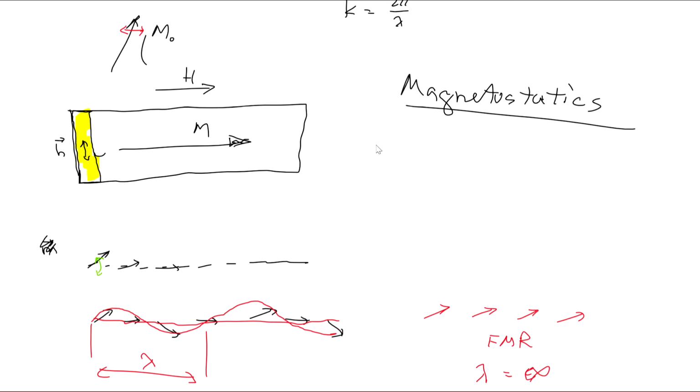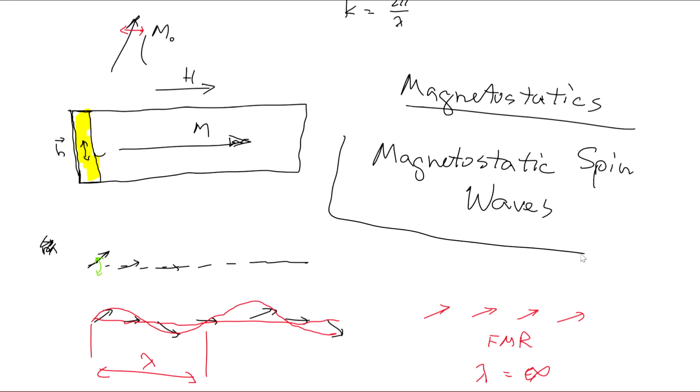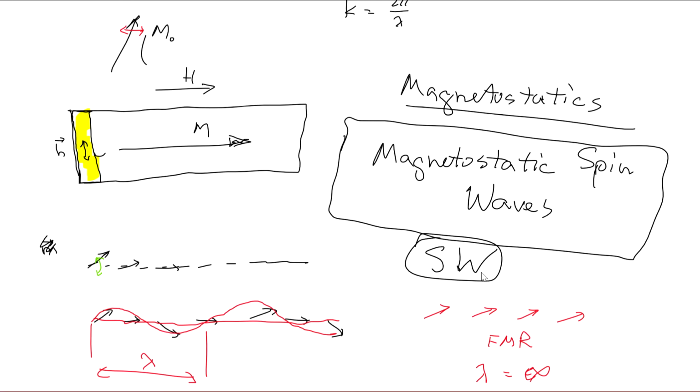Therefore, these are called magnetostatic spin waves. In many cases, this phenomenon of a propagating wave of magnetization is just called a spin wave. I will abbreviate it with SW.